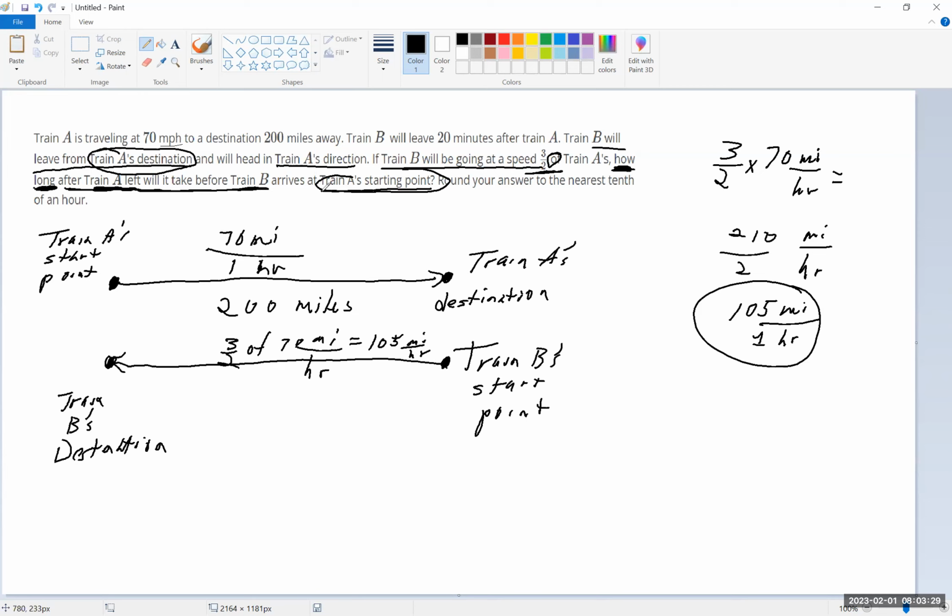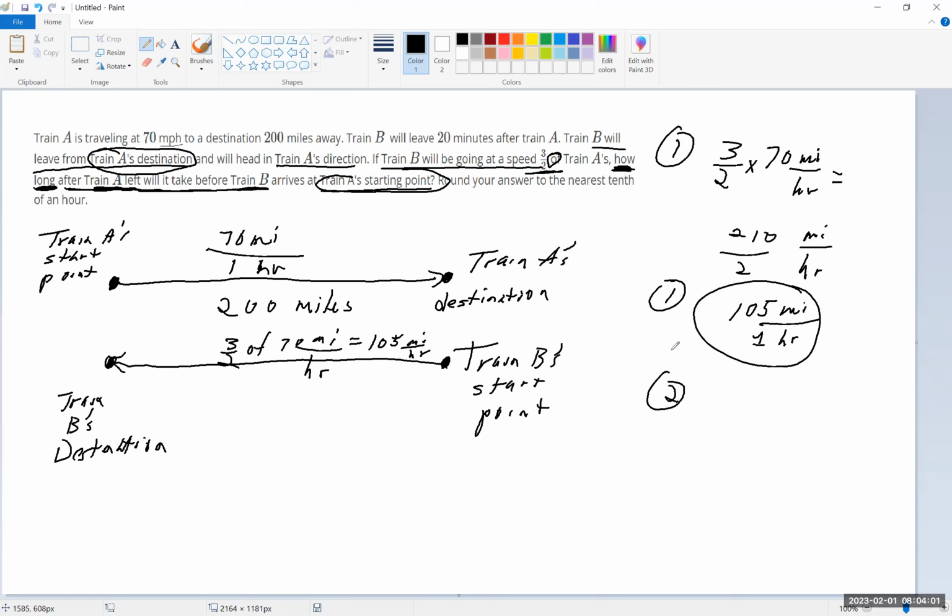So I think maybe the next thing that we need to do in devising our plan, so maybe we hit step 1 of our plan and we carried it out, which is over here. But step 2 of devising our plan may be to figure out how long train A will be traveling.